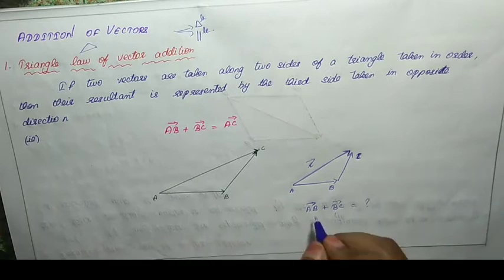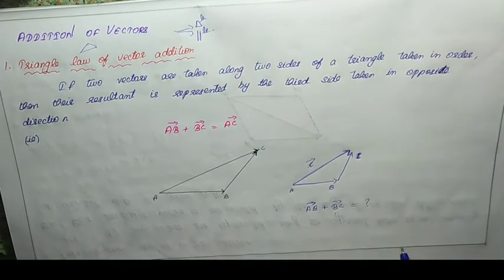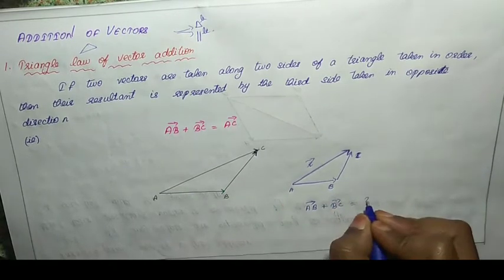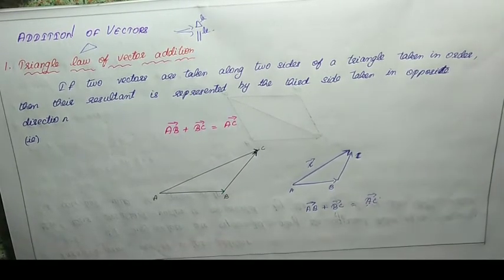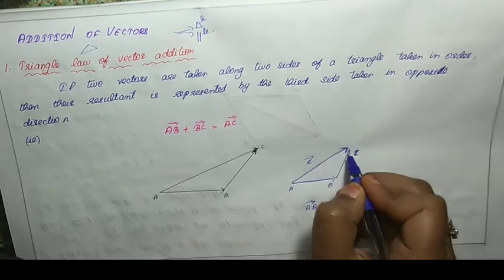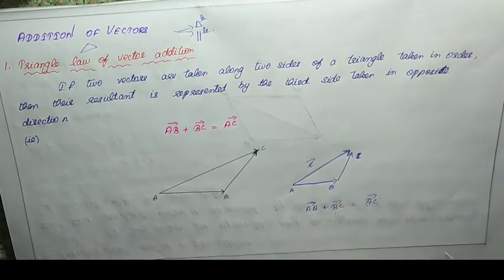Therefore we say that vector AB plus vector BC equals what? Vector AC. I think this will be clear. Two vectors will be in the same direction. The third vector will be in the opposite direction. This is what the triangle law of vector addition is.